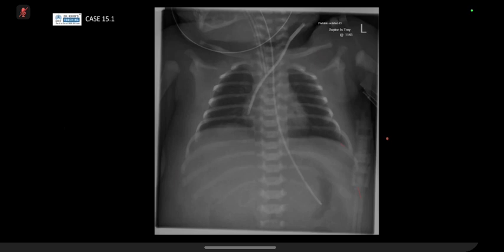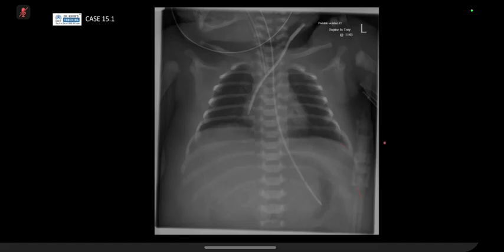I think there is a central venous line passing from the left internal jugular to the right side. I think it is in proper position also.